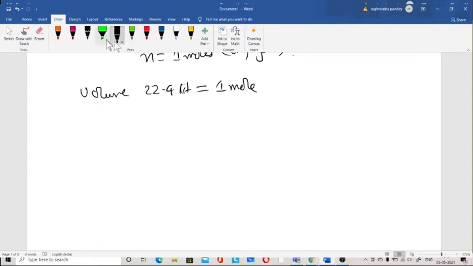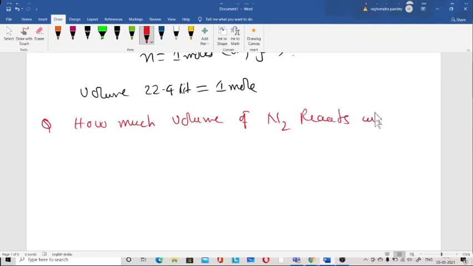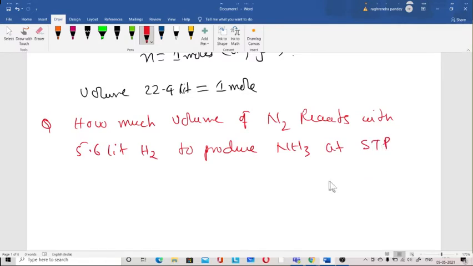Suppose we take a simple example: how much volume of N2 reacts with 5.6 liter H2 to produce ammonia at STP. Now suppose this is the question.